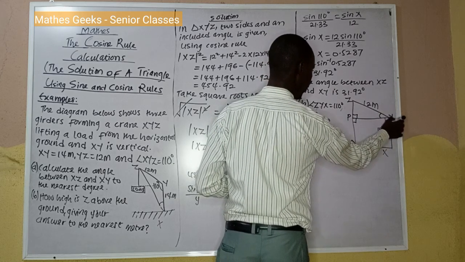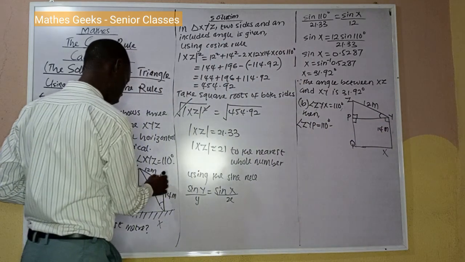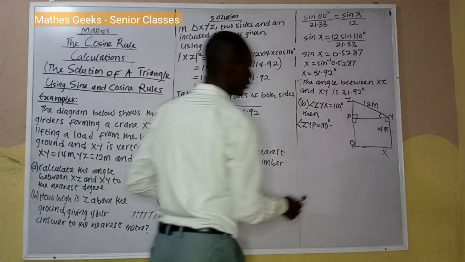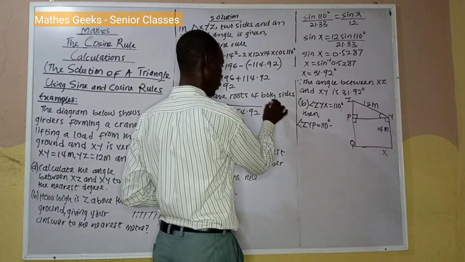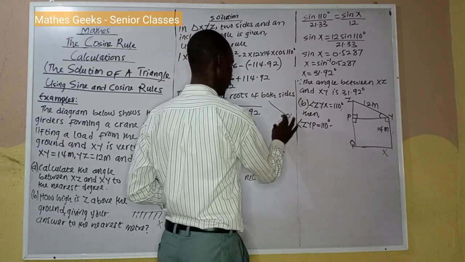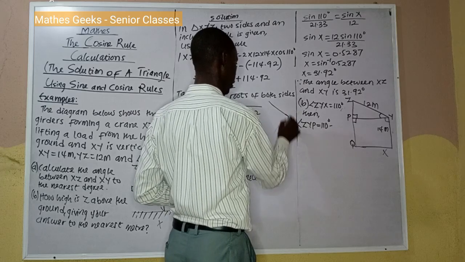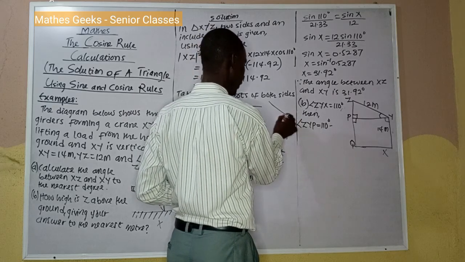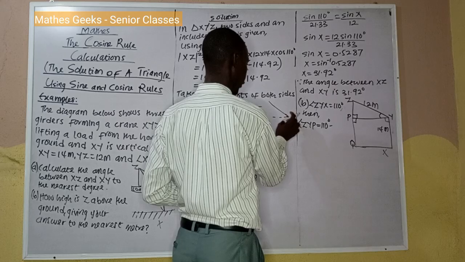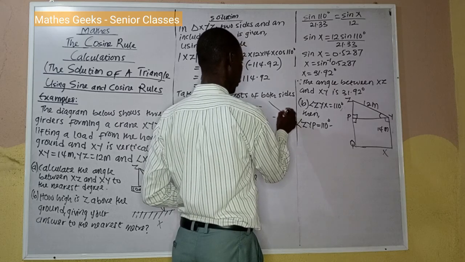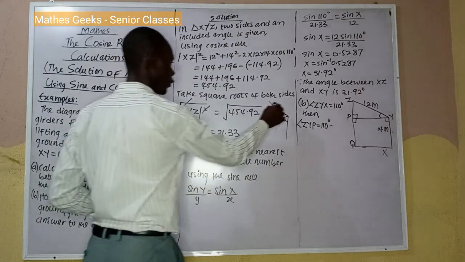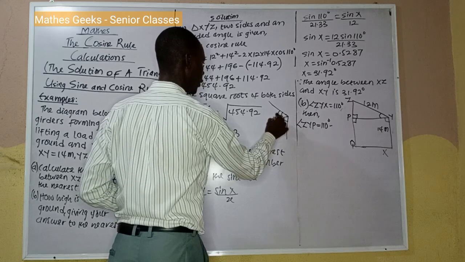The total angle here is 110 degrees. So if you split it, you're going to have a right angle here and this angle. But in this first diagram, it was totally like this 110 degrees.